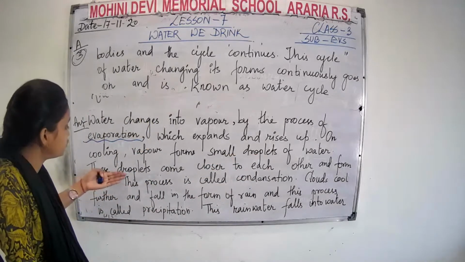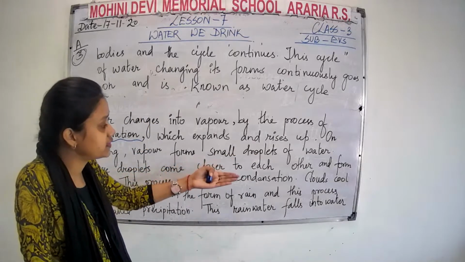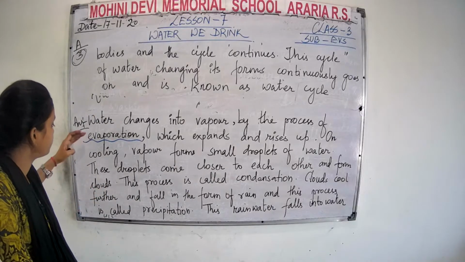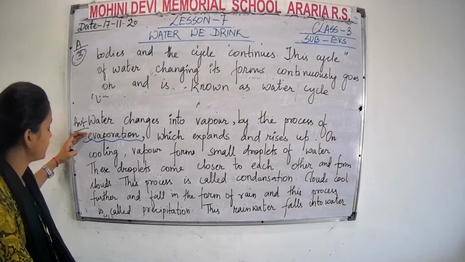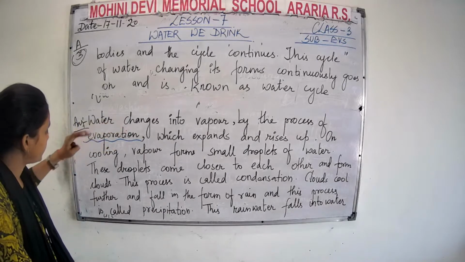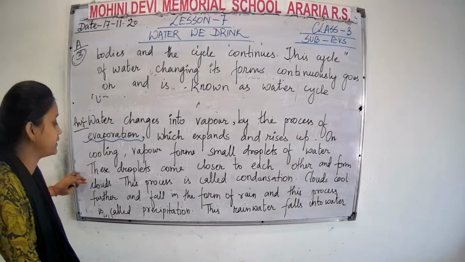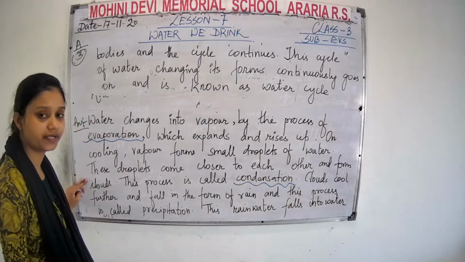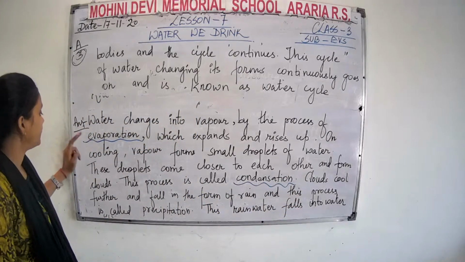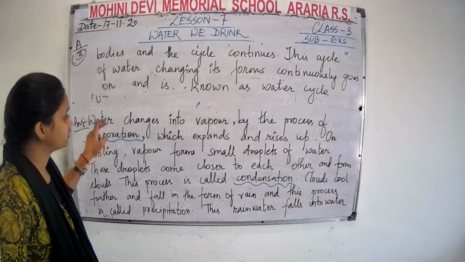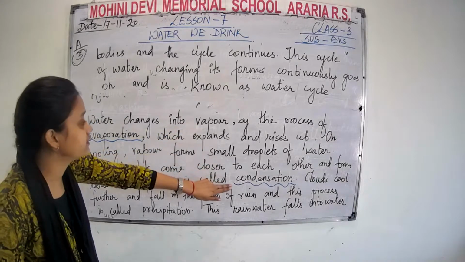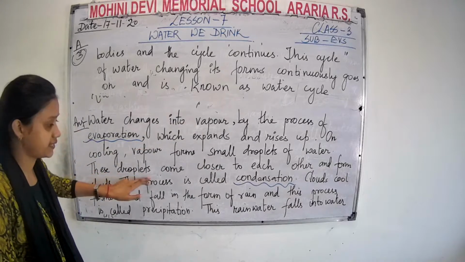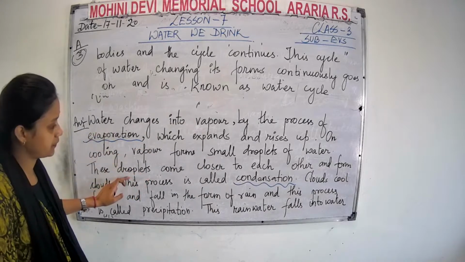These droplets come closer to each other and form clouds. First evaporation is happening, then the water vapor changes into clouds, and this process is known as condensation. As we already know, evaporation means when water changes into vapor, and condensation means when vapor again changes into droplets. The same thing is happening here.